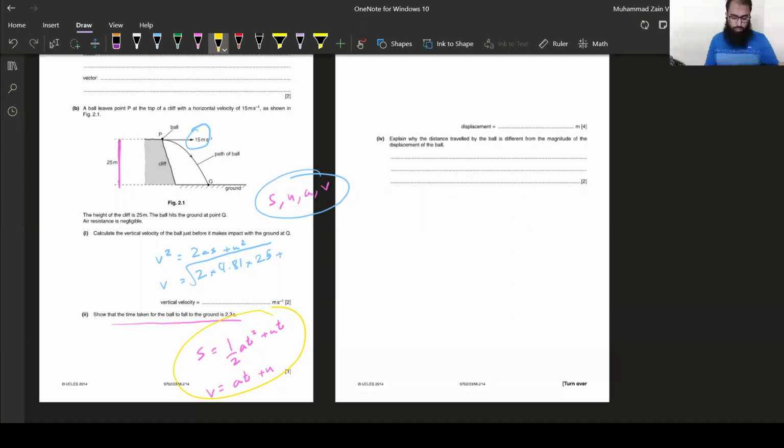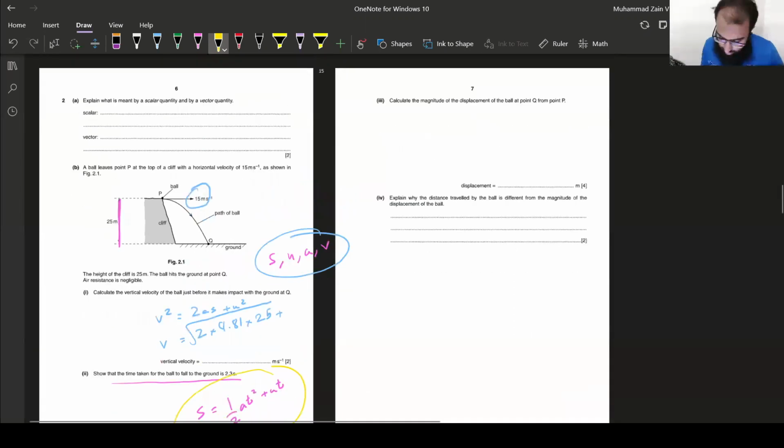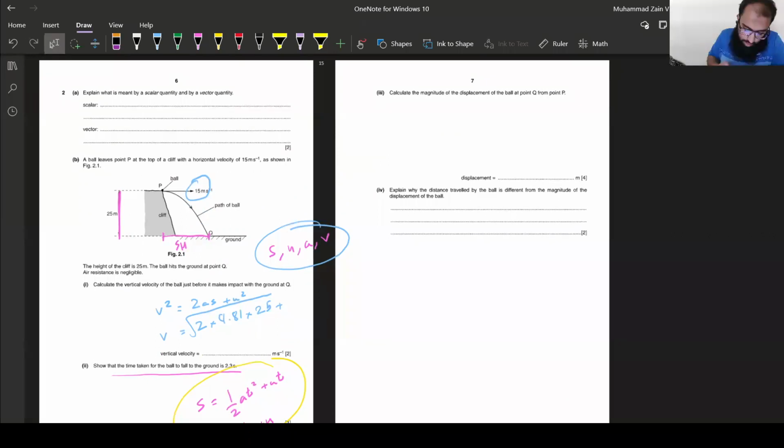The next part, calculate the magnitude of displacement of the ball at point Q from point P. Obviously, I won't go through this again, but I know that the horizontal component of velocity is 15 meters per second and the vertical component is SV. Maybe I'll just tell how to do this. I know that the formula was VH times T equals SH.